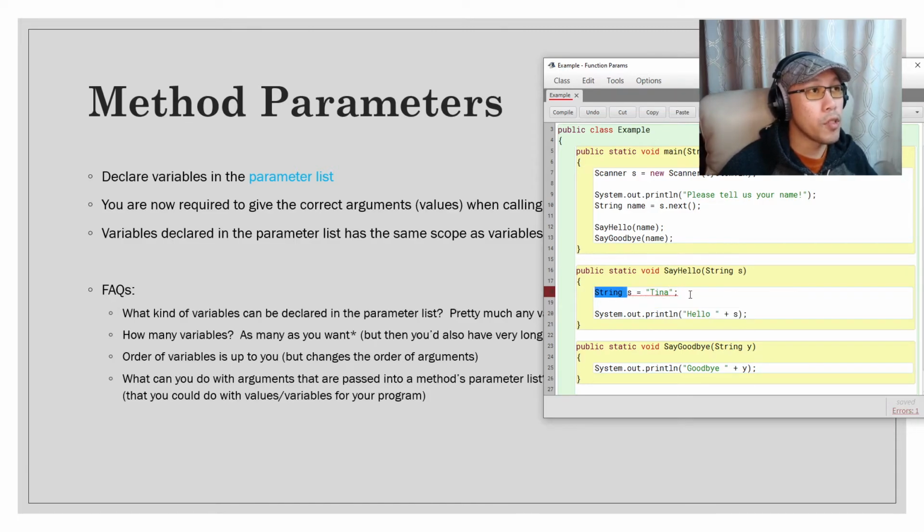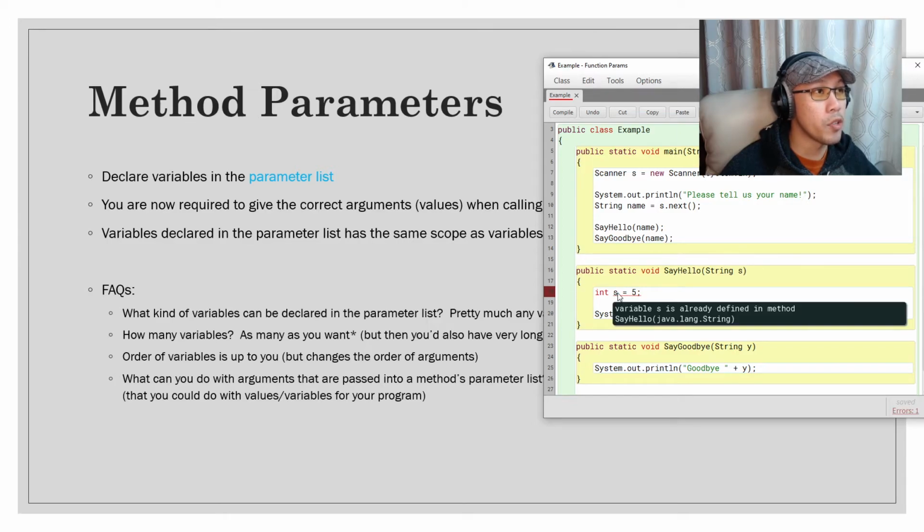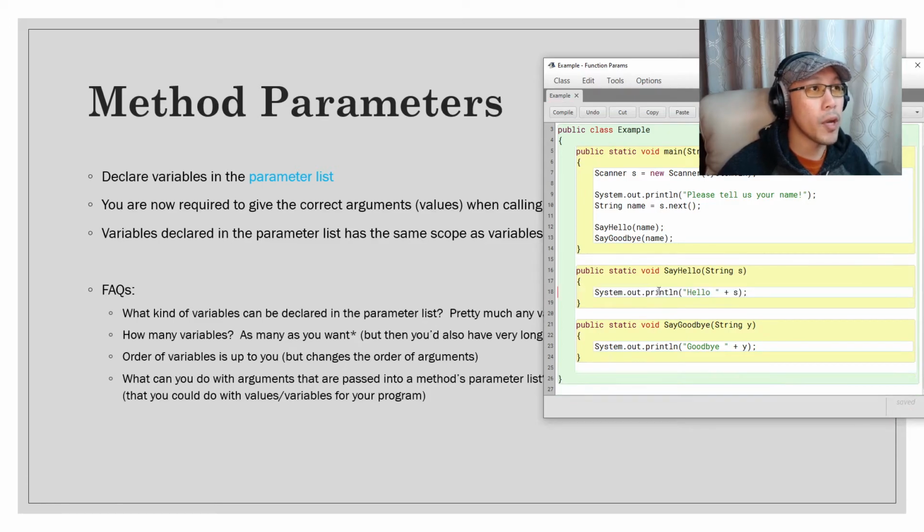Same thing if we were to do, let's say, int s equals 5. It doesn't matter that you have a different variable type, because the variable name is already defined in the method. You cannot repeat it. This is another way that I can prove to you that whatever variable you define in the parameter list is treated as if it is declared inside of the method itself.